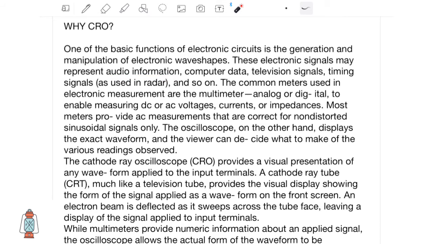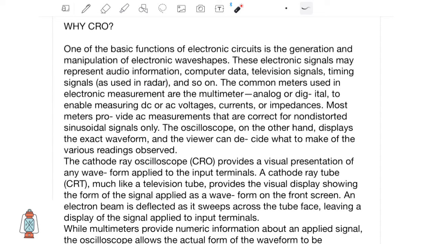Because they represent audio information. I'm speaking, and if my voice is being converted into a waveform, and I want to clip a particular thing, I need to see the full wave that is produced by me. Computer data, television signals, timing signals, and so on.